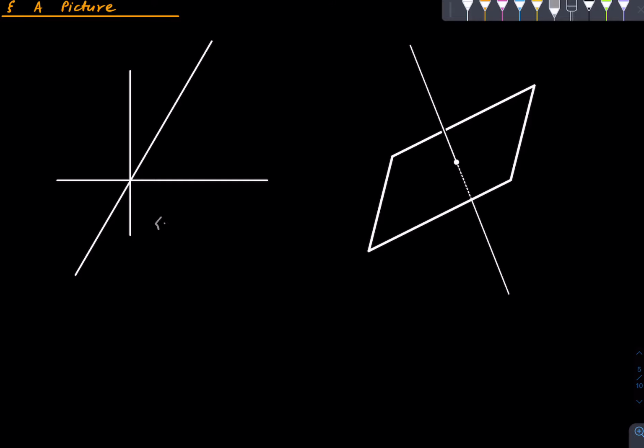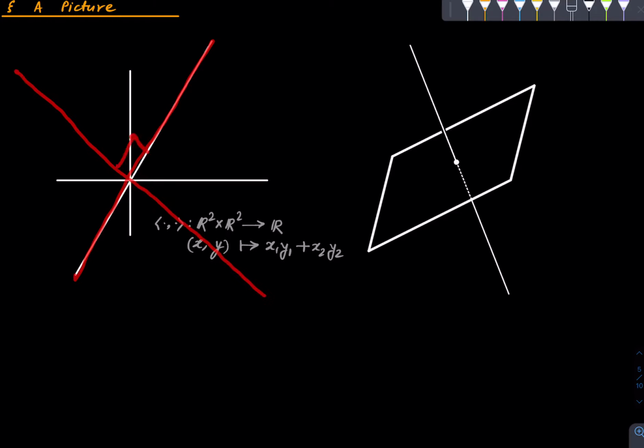It is a map which takes a pair of vectors x and y to that thing, and this is the dot product that we study in high school. Therefore, just by our high school experience of plane geometry, we can immediately write down what are the things that are orthogonal to everything here. Those things are precisely the things lying on the line perpendicular to this line. So that would be the orthogonal complement.